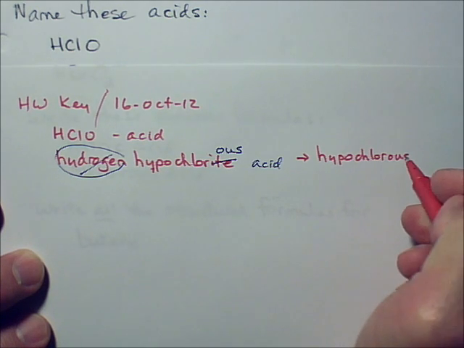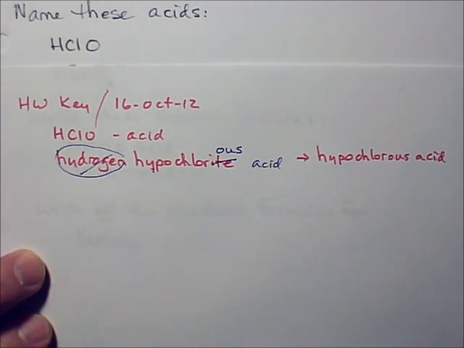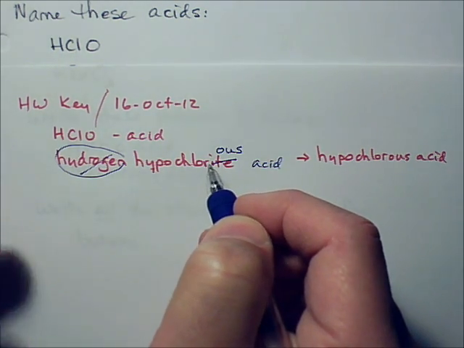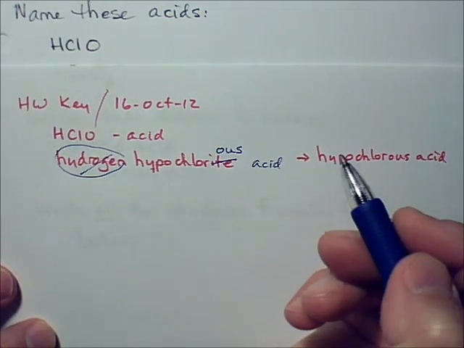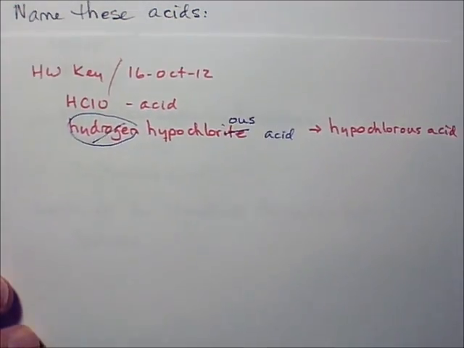Let's go through a naming system here. The hypochlor part is something that you have to have. How many different problems do we have? We have 1, 2, 3, 4, 5.